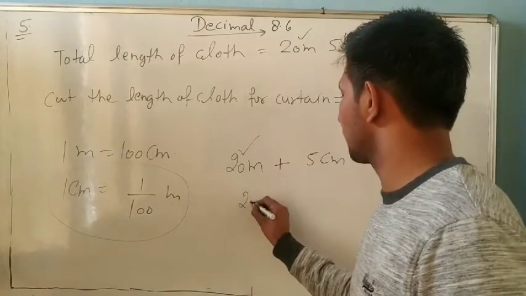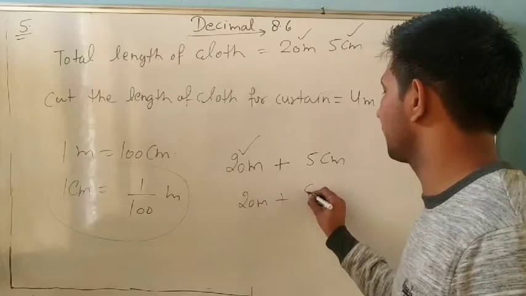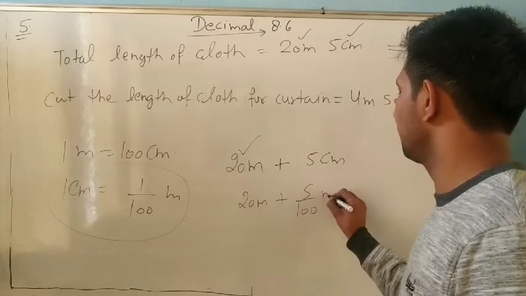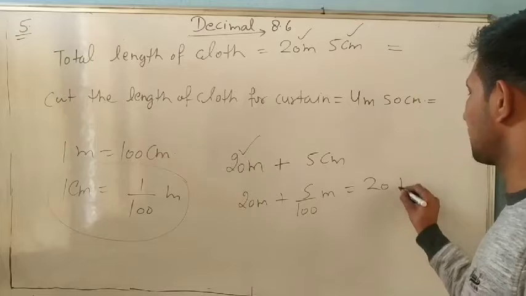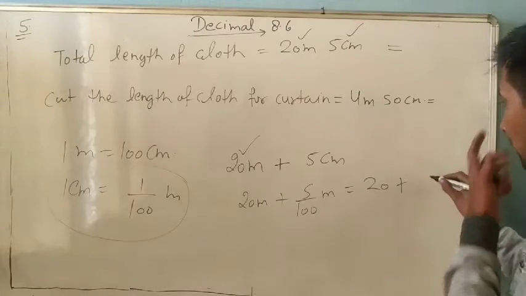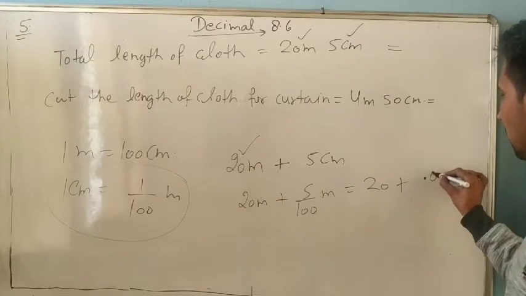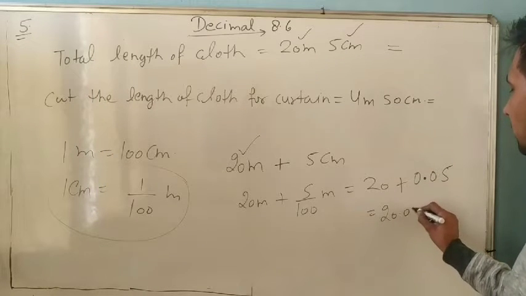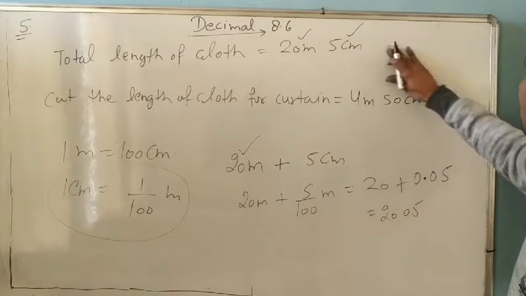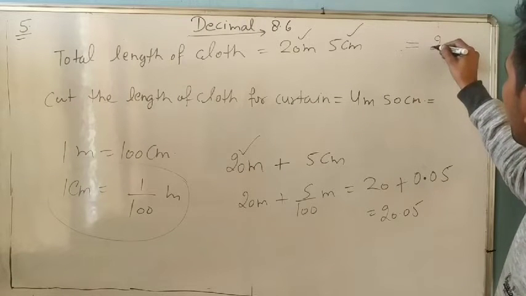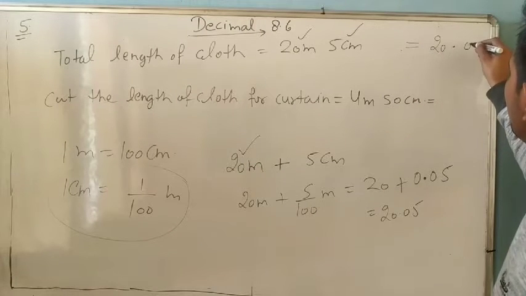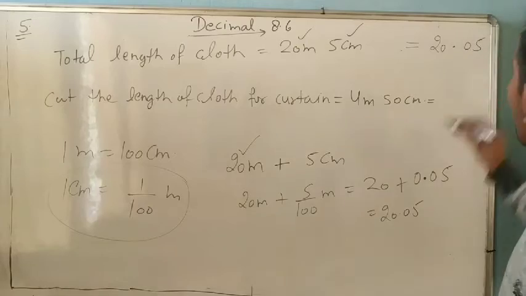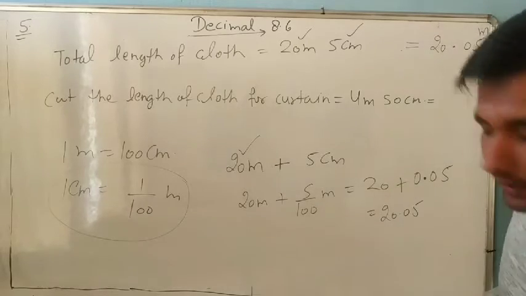Same as it is, 20 meter plus 5 centimeter, 5 by 100 meter. How many 0s in the denominator? 2. So after the decimal, 2 digits, 0 and 5. So 20.05. So its length is 20.05 meter.